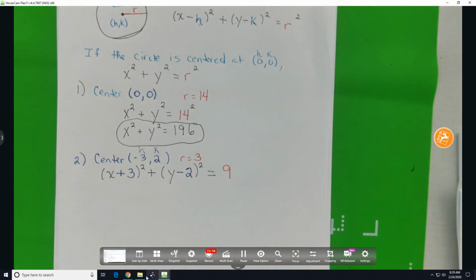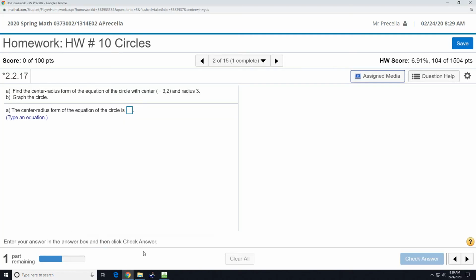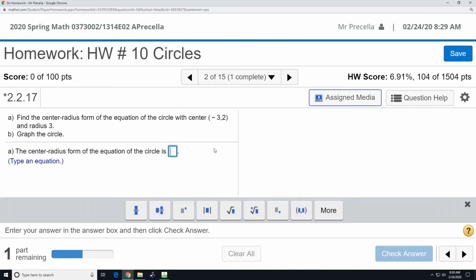So let me type that in over here. Oh, wow, it's so small. I forgot to zoom back in on this one. So here it is. Now notice, this time you're going to have to type in the parentheses.